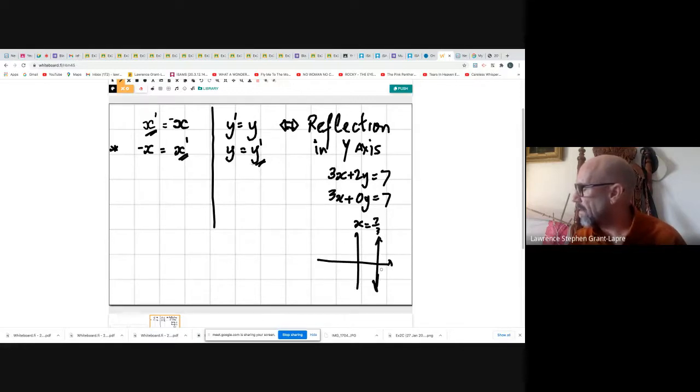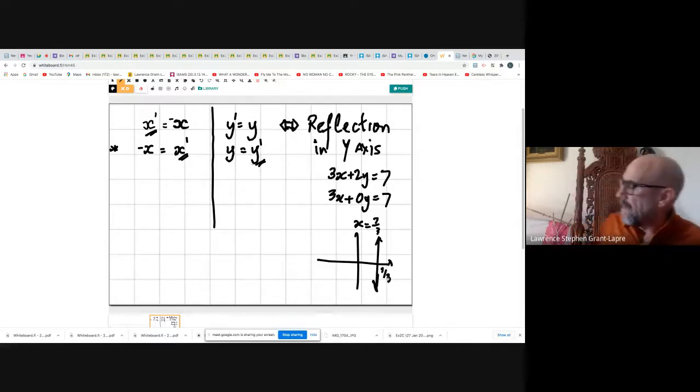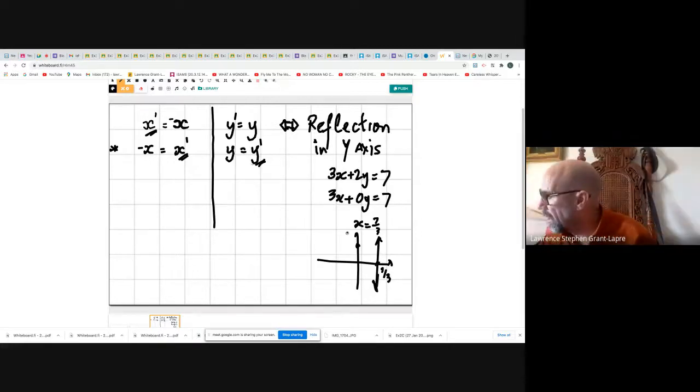It's a vertical line. Yes, it is a line. 3x plus 2y equals 7 is when x is 0, y equals 3.5. When y equals 0, x is 7 over 3. And that's the first equation. And that's the second equation.